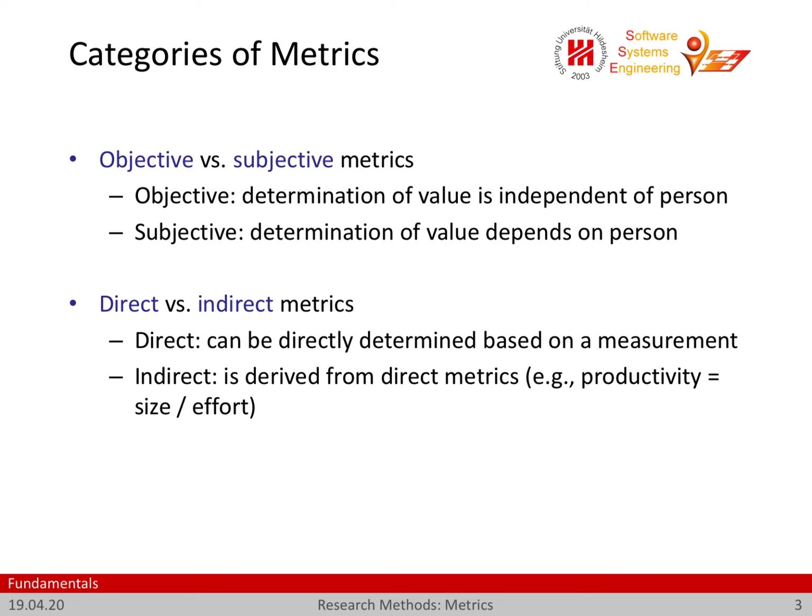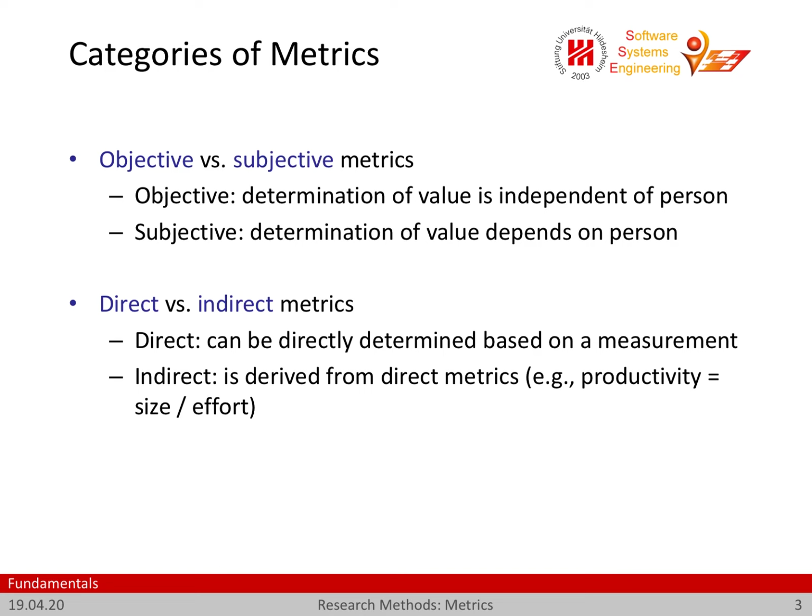For example, the productivity is usually not measured directly. Rather, we measure the size of a problem that is solved and the effort someone needed for solving this problem. And then the productivity is size divided by effort.